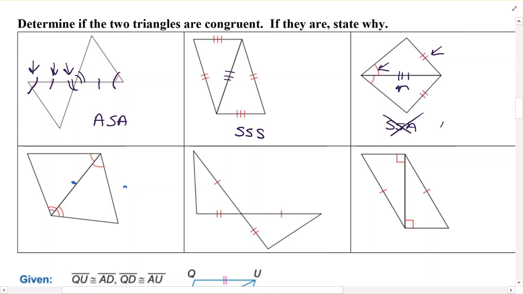So this doesn't work, and it's no. And the next one we have two sets of angles congruent, and the included shared side congruent. So this would be angle, side, angle. The next one we know the vertical angles have to be congruent, so we have side, angle, side.